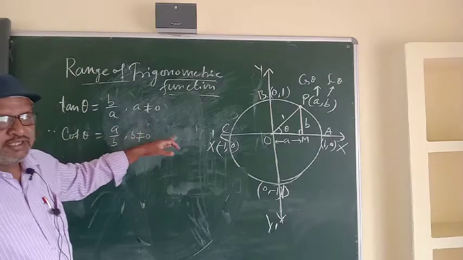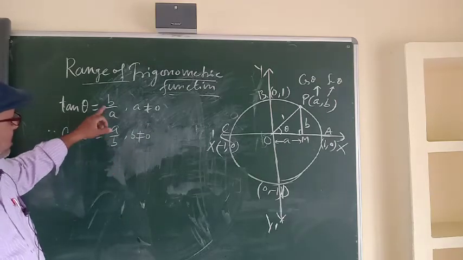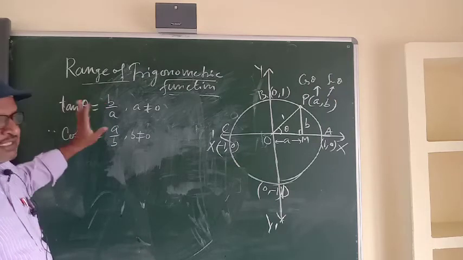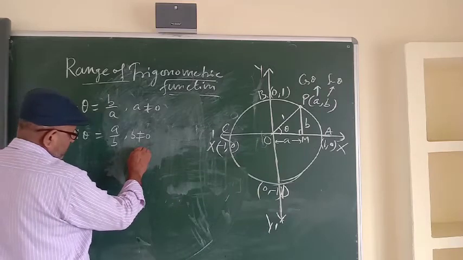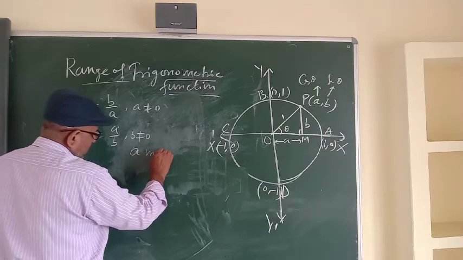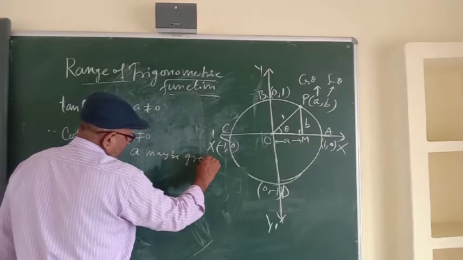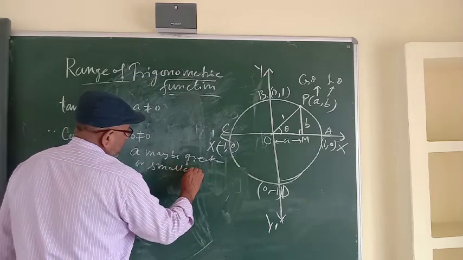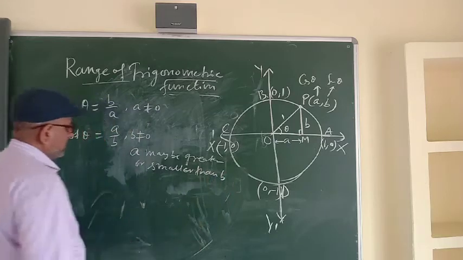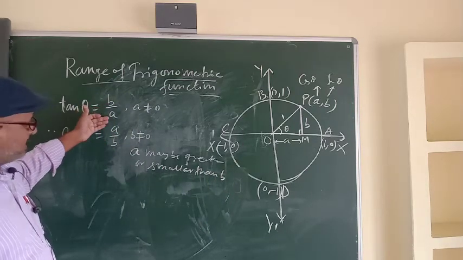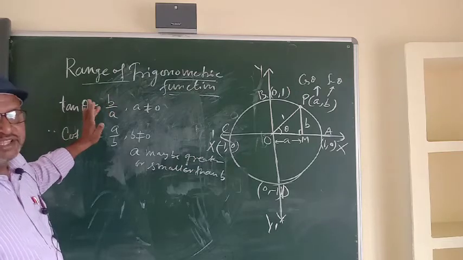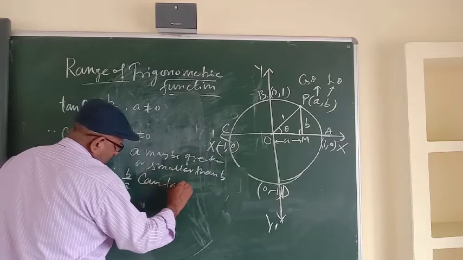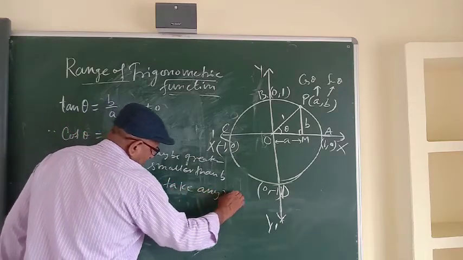Tan theta is B by A, cot theta is A by B. Out of A and B, A may be greater or smaller than B. So B by A can take any real value.